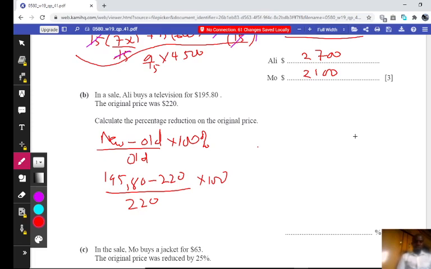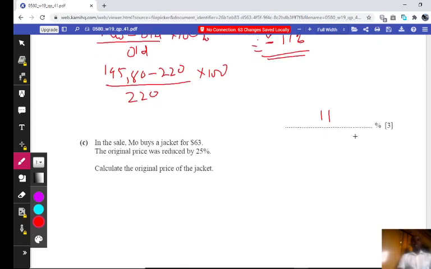Divided by 220, you get minus 0.11. Then times 100, you get minus 11, so it will be minus 11%. Don't worry about the minus sign, it just represents a decrease in the price. So you just write 11%. Then we are done.